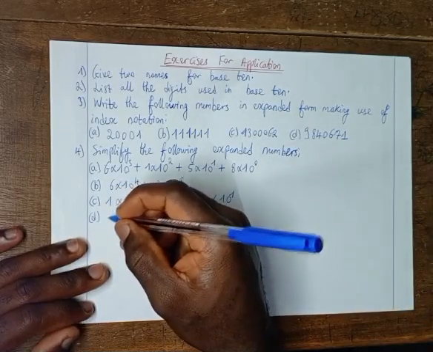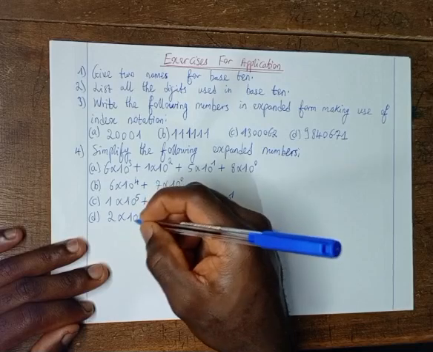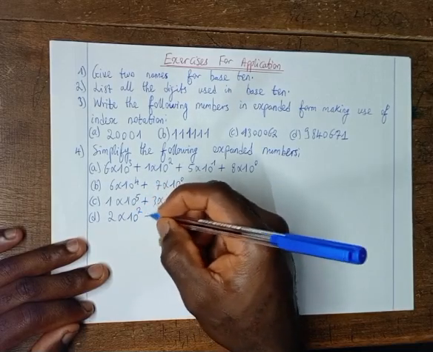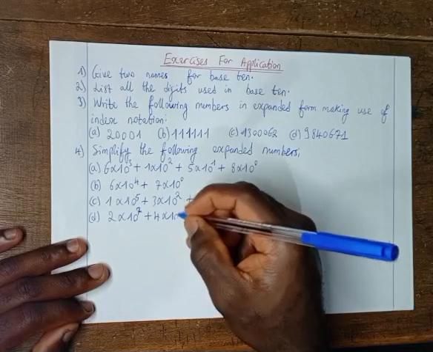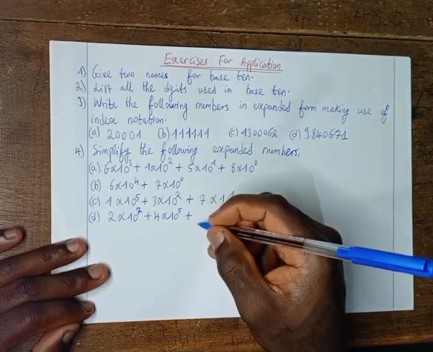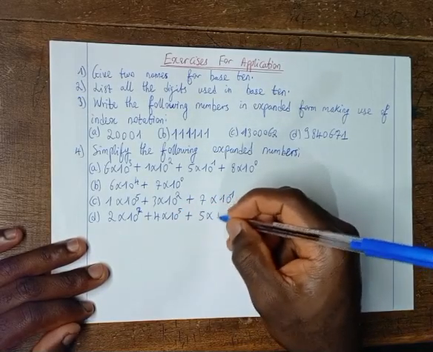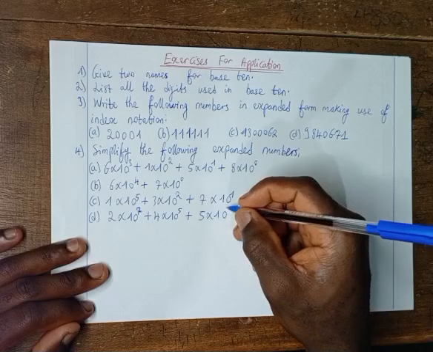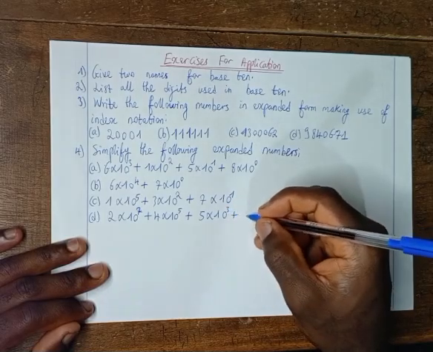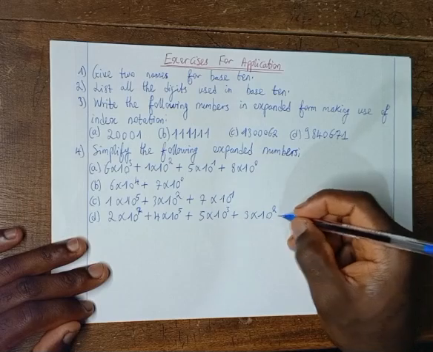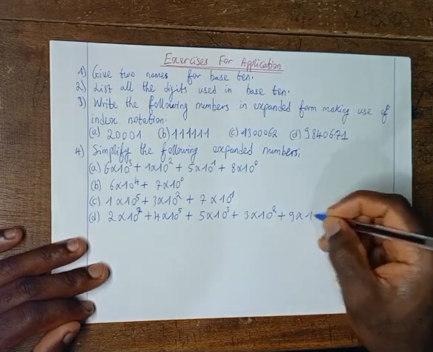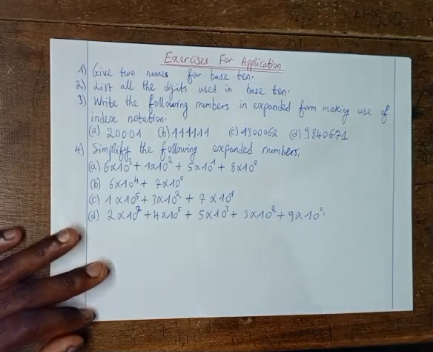D we have 2 times 10 to the power 7 plus 4 times 10 to the power 5 plus 5 times 10 to the power 3 plus 3 times 10 to the power 2 plus 9 times 10 to the power 0.